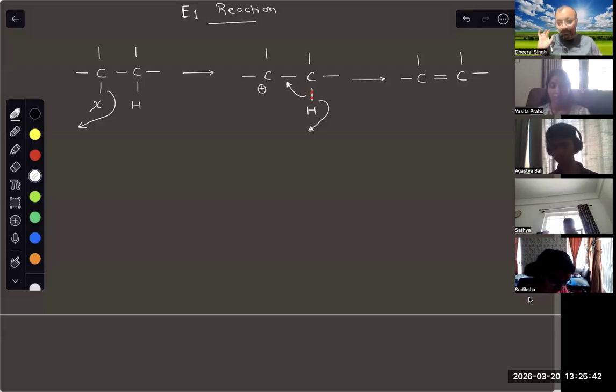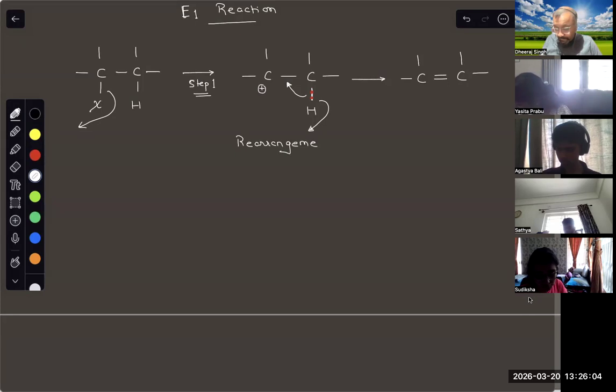Now you can see that the first step, step 1, is the same as SN1. It is exactly the same. Since it is the same, rearrangement can happen. Please write down: in E1, rearrangements are possible.